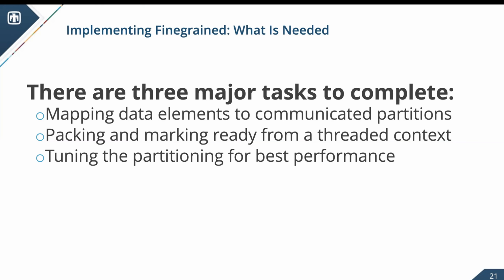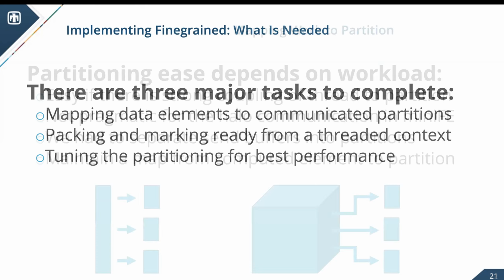The next part of that is doing all of that from a threaded context. Big reason we're doing this in the first place is to handle thread complexity. And then the last part is tuning the partitioning for best performance, whether that is methodology of handling data structures, the size of the partitioning, etc. So let's start with the first one.